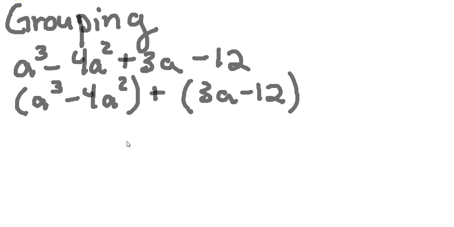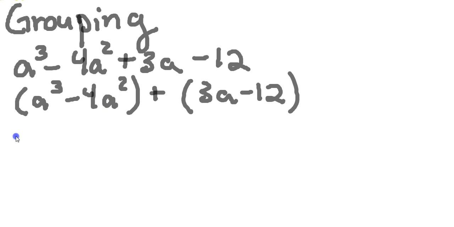So let's look at what we can pull out of each one of these. We have a cubed minus 4a squared. Coefficients we can't do anything with because we have a 1 and we have a minus 4. But we have an a cubed and an a squared. So we can pull out a squared because the greatest common factor they have is a squared.